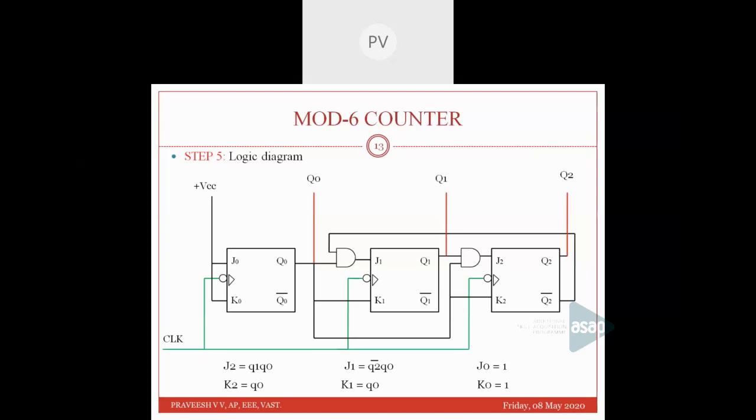Okay, next. Sir, before concluding, in the exam point of view, can you briefly mention few areas like how the questions will be asked during the university exams or from this particular topic? From this particular topic, they may ask design a mode 8 or mode 9, say mode n synchronous counter using JK flip-flop.